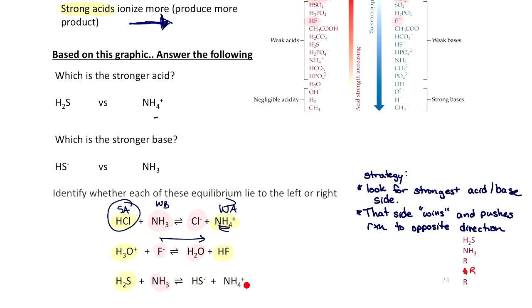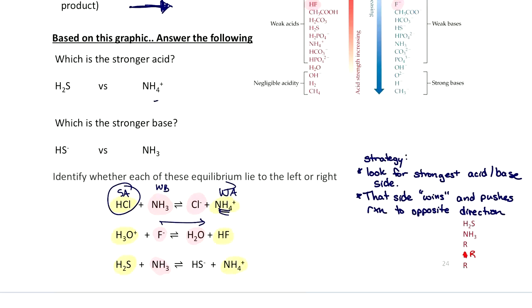So on the product side, if you think about the reverse reaction, which one is the acid? HS- or ammonium? Ammonium is the acid, yes. Oh, sorry, that's the wrong color. This one, all right? Ammonium is the acid because ammonia was the base, so ammonium has to be its conjugate acid, and therefore HS- is the base.